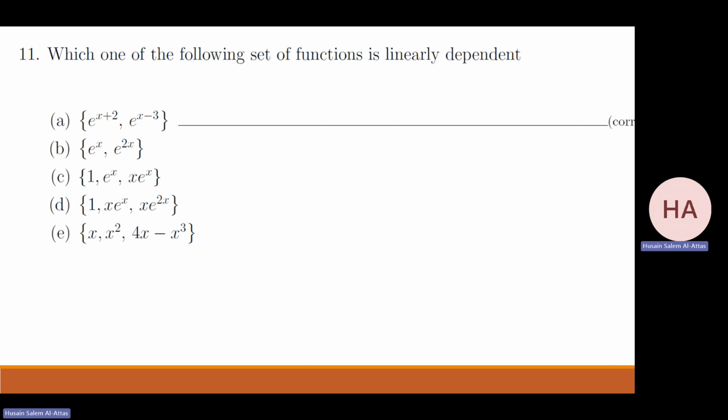Okay. Which one of the following sets of functions is linearly dependent? Okay. This one is very clear. It will be independent. Also this one, x e to the power x, x e to the power minus 2x.